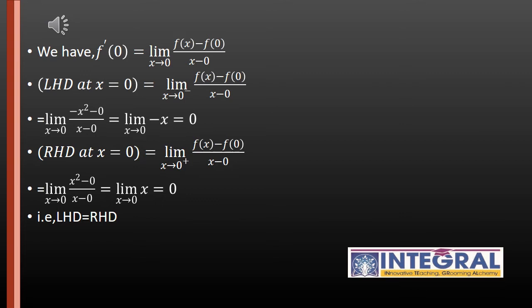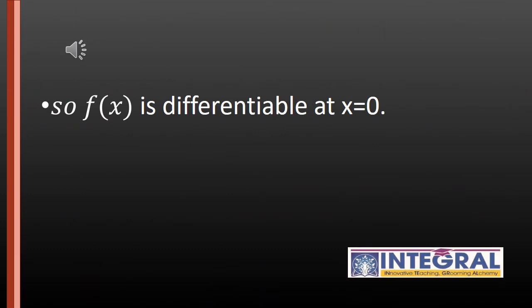On simplification, we get limit x tending to 0 of x, which is equal to 0. Here the left hand derivative is equal to the right hand derivative, so the derivative exists at x equals 0. So we get that f of x is differentiable at x equals 0. That's all.